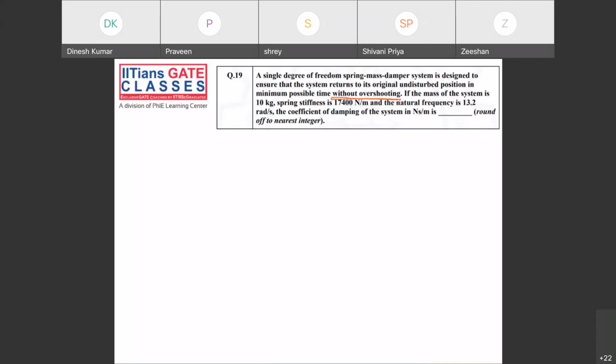But they have told here the system returns to the undisturbed position in minimum possible time.